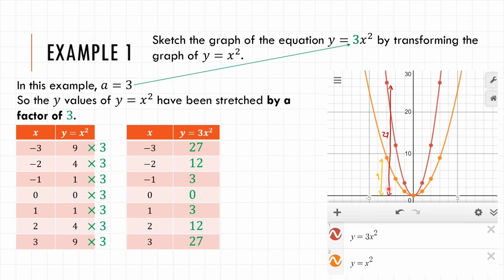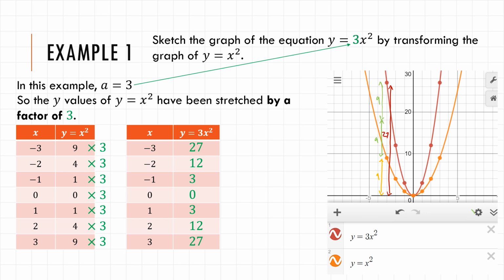Okay, and this is 3 times 9. So this distance got multiplied by 3, and I'll show you that just by drawing 9 3 times. 1, 2, 3.